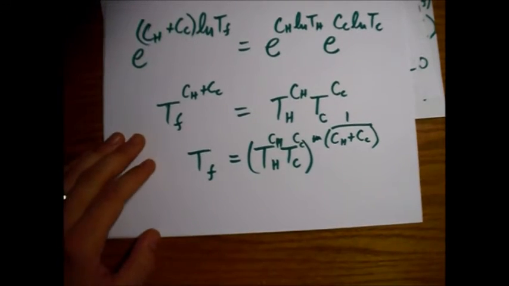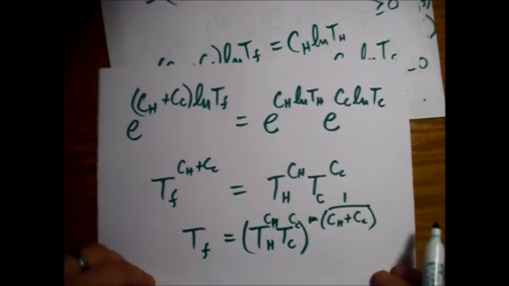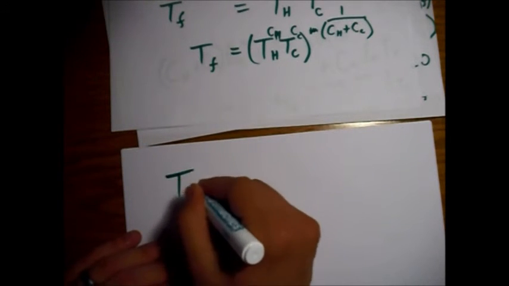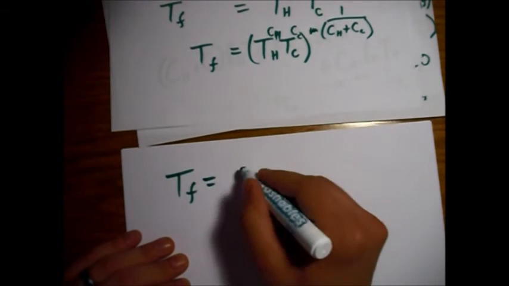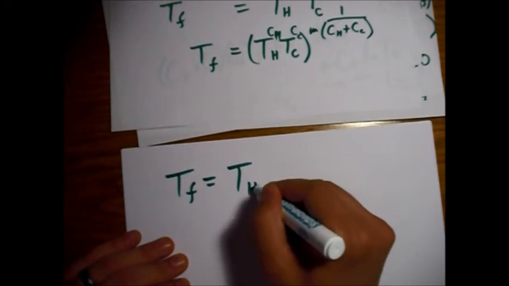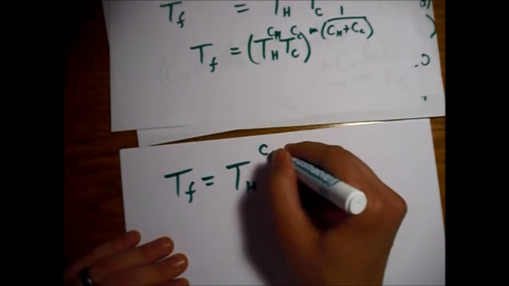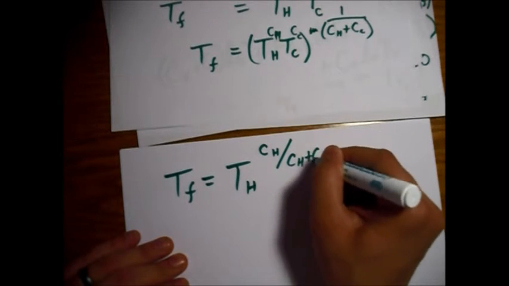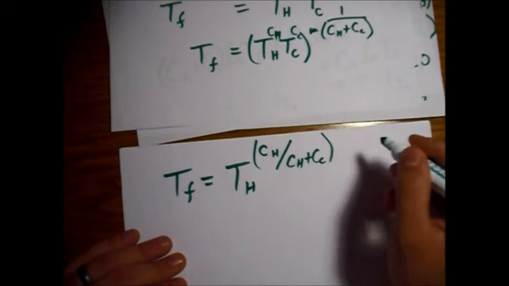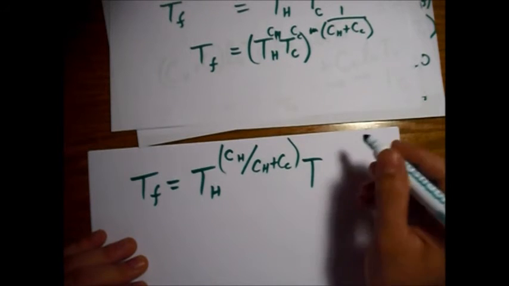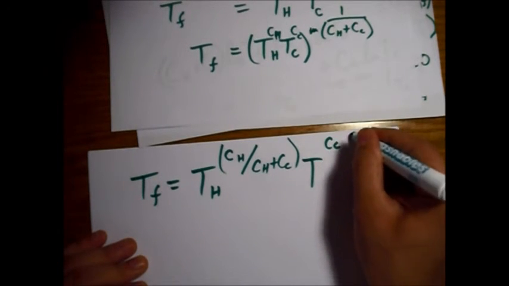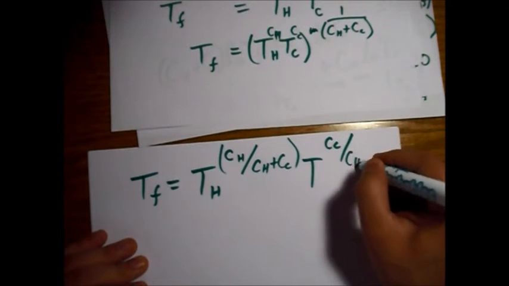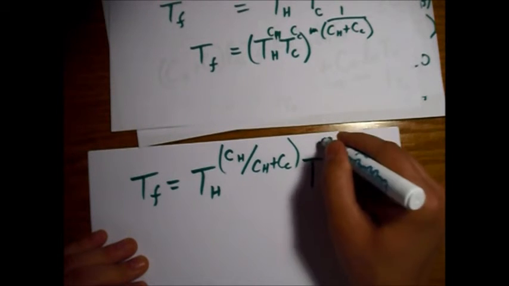And let's just write this in maybe more... This way we'll see that the units work out. So this is to the power of C_H divided by C_H plus C_C. Okay, and then we're multiplying by T to the C_C over C_H plus C_C.